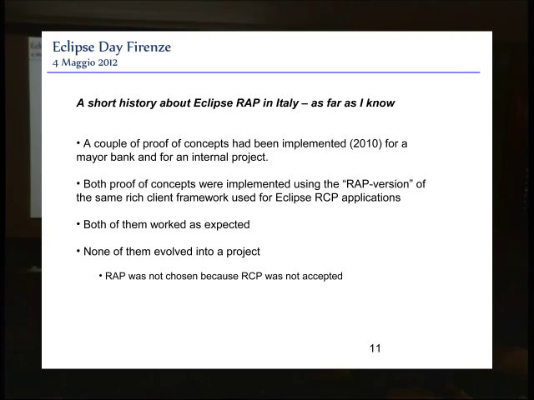The first prototype was for a bank, and the other one was for an internal project. We built such a proof of concept, but we were not able to move to production. The reason was not RAP, but that the bank or the internal project didn't accept RCP.